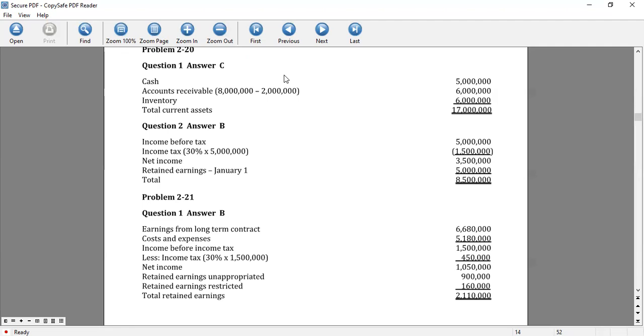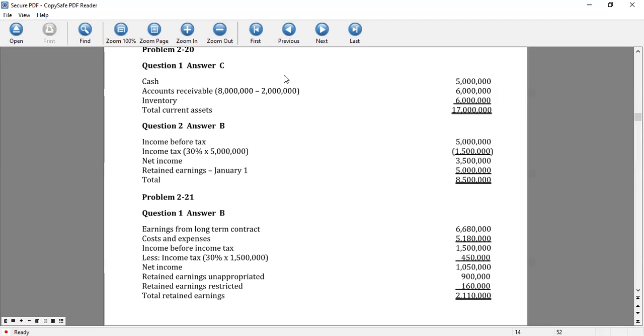During 2020, estimated tax payments of 1.5 million were charged to prepaid taxes. The entity has not yet recorded income tax expense. Tax rate is 30%. The accounts receivable included 3 million due from a customer.